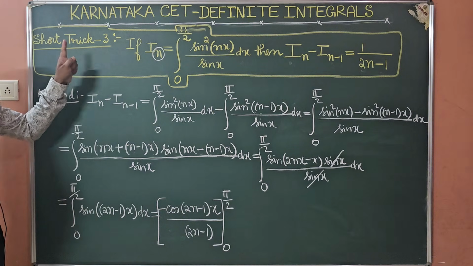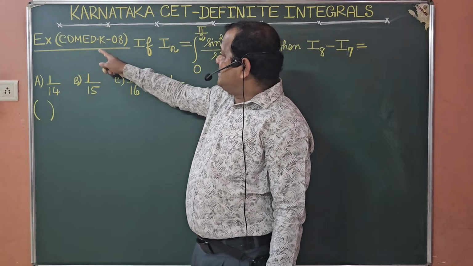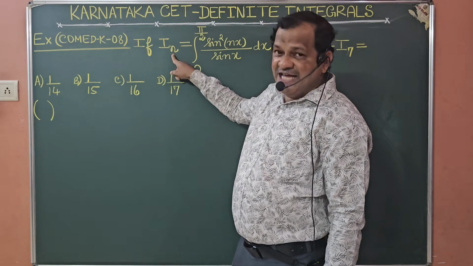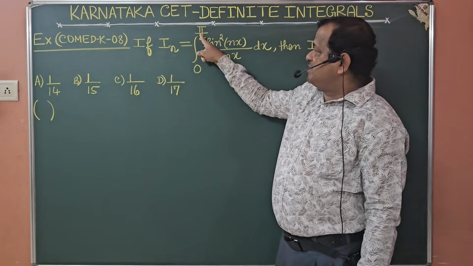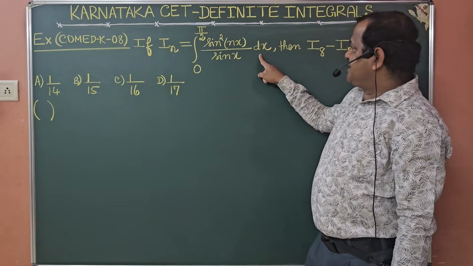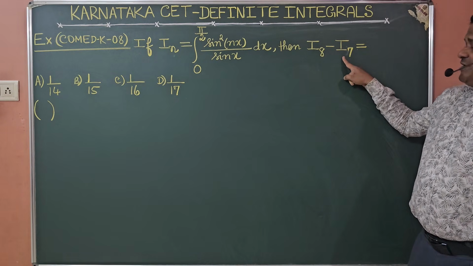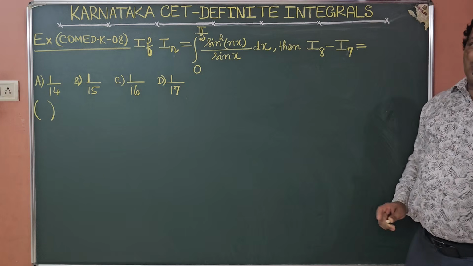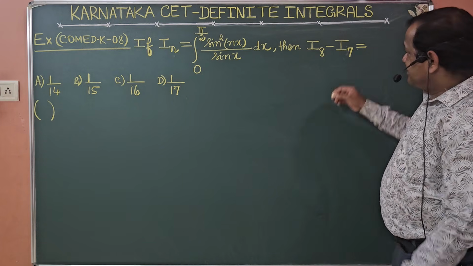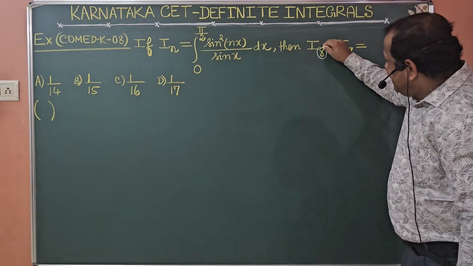Watch the video carefully. So dear students, here is an exercise. If I suffix n is equal to integration from 0 to pi by 2 sine square nx by sin x dx, then I suffix 8 minus I suffix 7 is equal to. So here, use short trick 3. N is this 8.